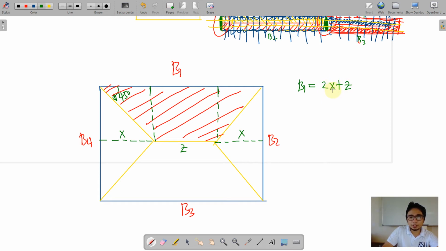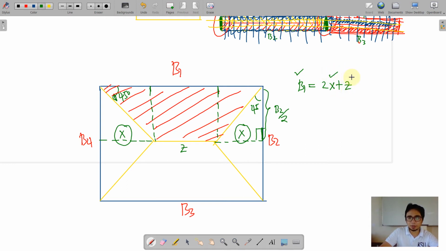So we know X here. X could be determined by this triangle because this is also 45 degrees. So we have here a right triangle, and of course this dimension is already known, that is half of our B2. When we know this one, we can now get this value. So this is similar to the other side. So B1 is known, X is known.